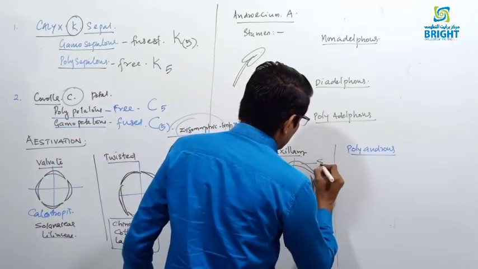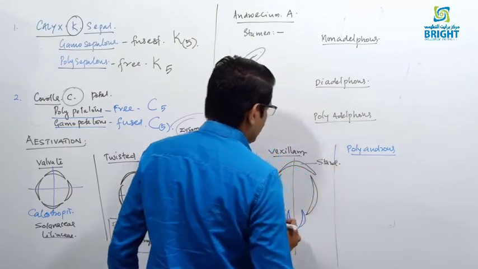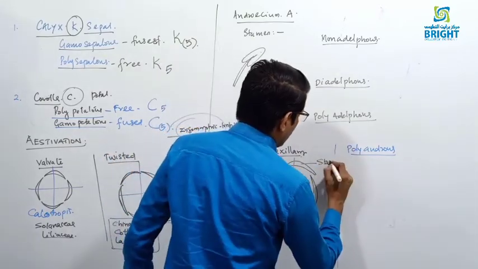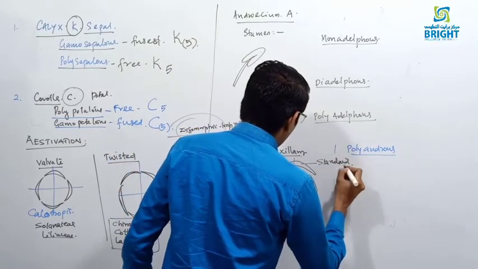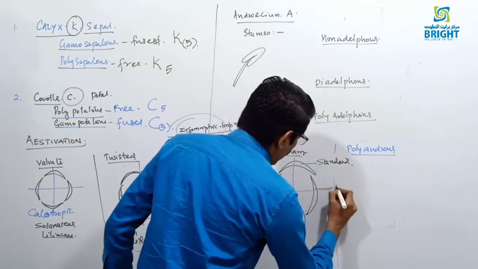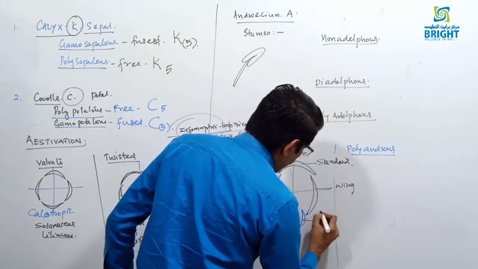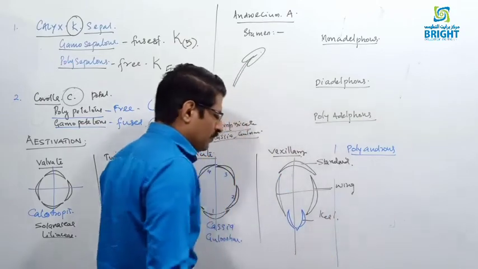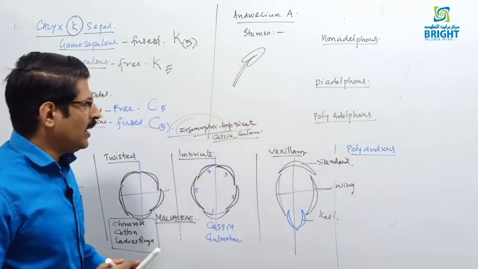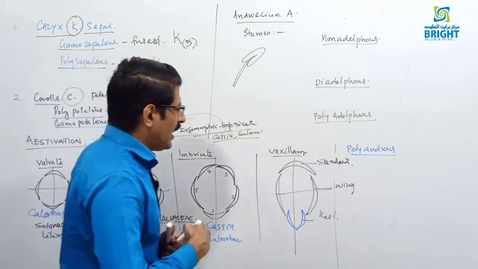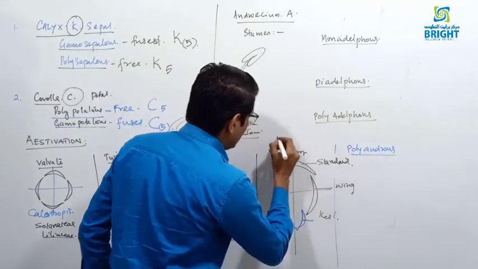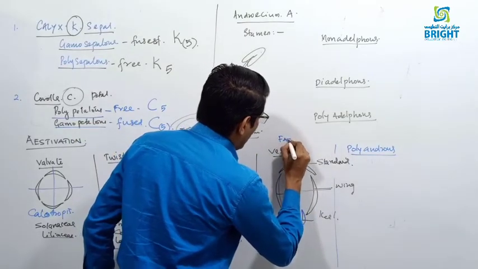There is a large standard petal called the vexillum, and there are two wing petals and two fused keel petals. That vexillary estivation is a characteristic of Fabaceae.